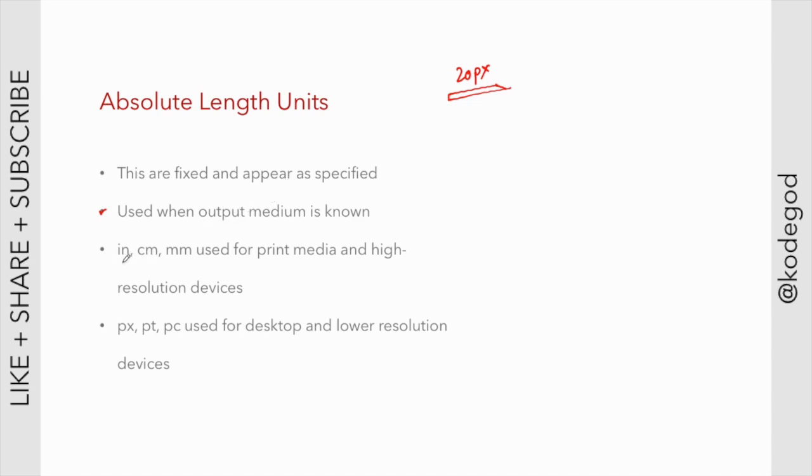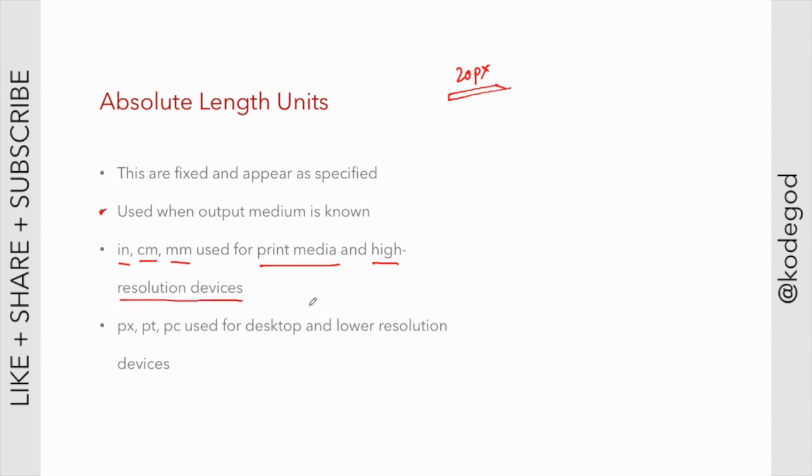So inches, centimeters and millimeters are commonly used in print media or digital content. This doesn't mean the website, but images, or in case you are planning to print something; in those cases ideally you'll use this notation. Other uses are in case you're planning to display pages on high resolution devices only.